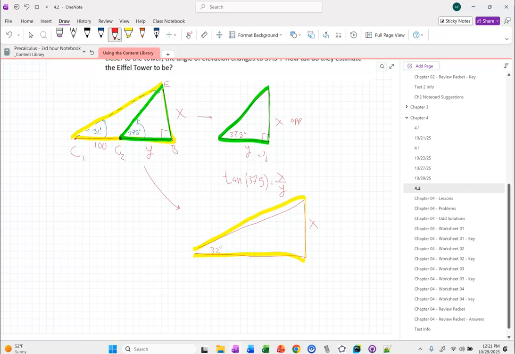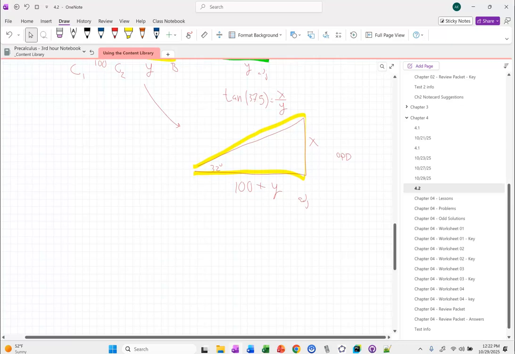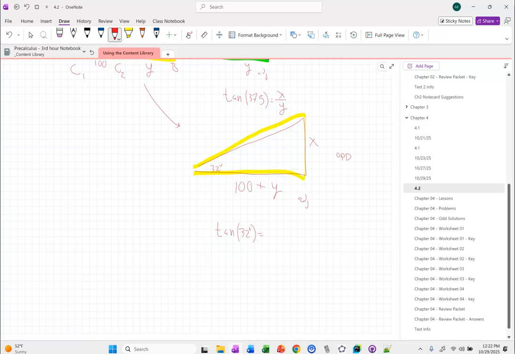Excellent. Gabby's got it. 100 plus what? Does everybody see the 100 plus y, where that came from? So again, the two sides I care about are opposite and adjacent, so I can write another tangent equation. Tan 32 is equal to opposite over adjacent.